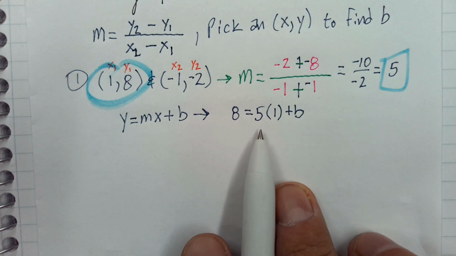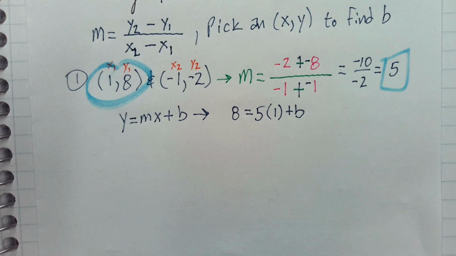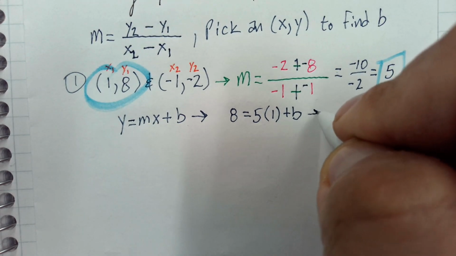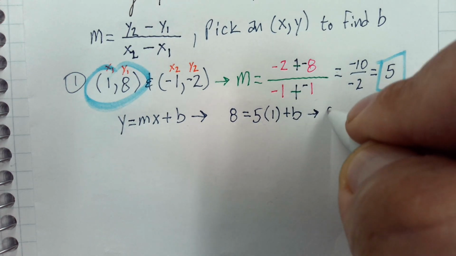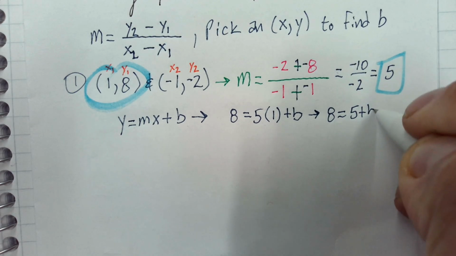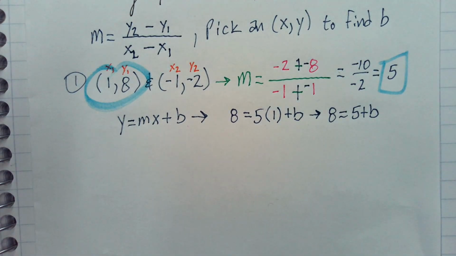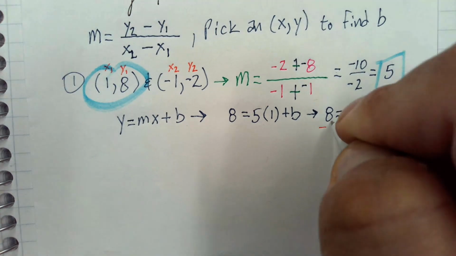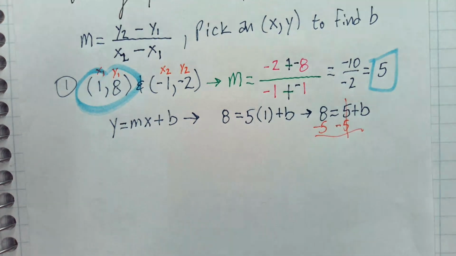8 equals 5 times 1 plus b. Well, let's simplify that. 5 times 1 is 5, so I got 8 equals 5 plus b. 5 plus what number gives me 8? Guess what b is? And if you don't believe me, let's do a simple solution. Take away 5, take away 5, cancel.